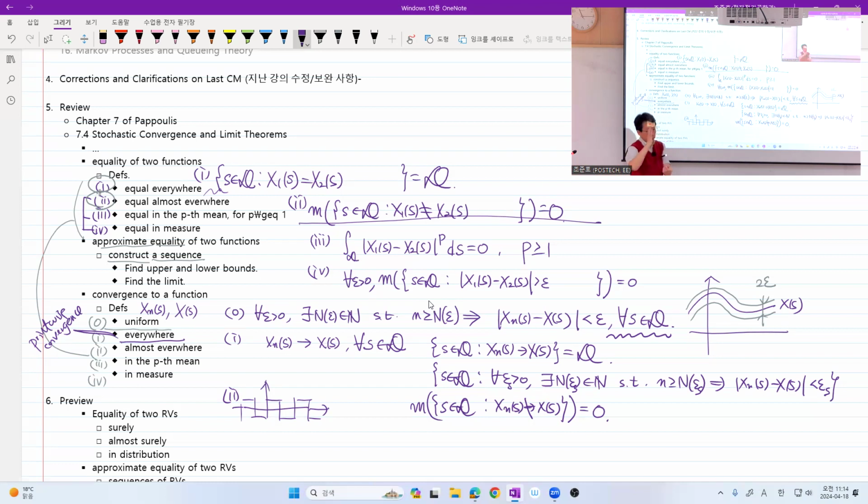So every discontinuity point is not included; it's included in this set. However, the set has a finite or countably infinite number of points, and then the Lebesgue measure of that set is 0.